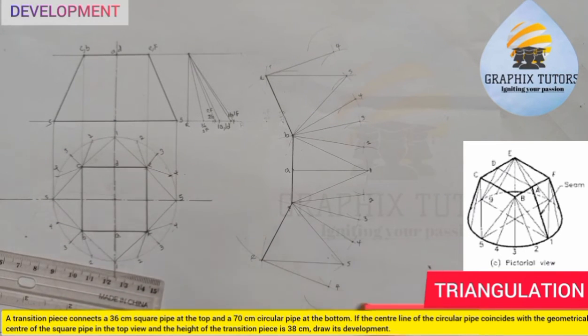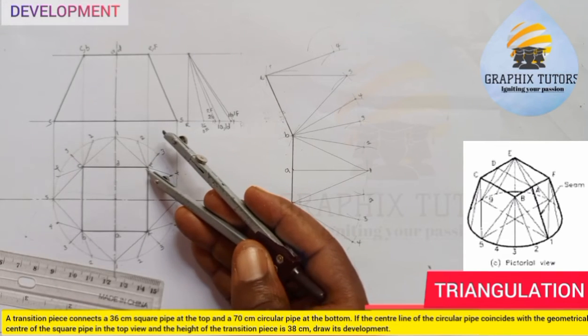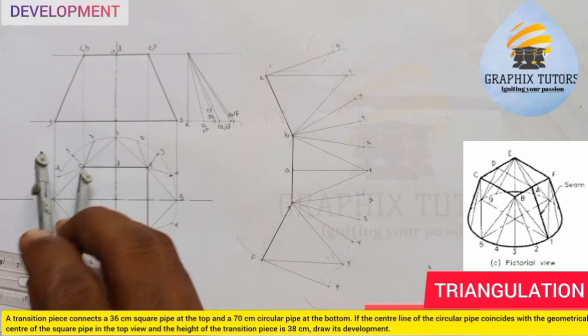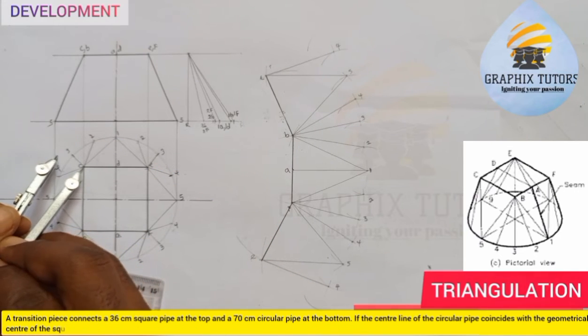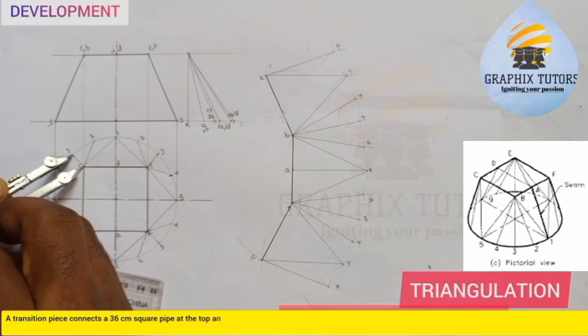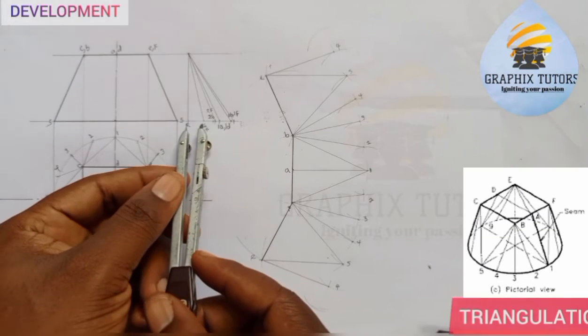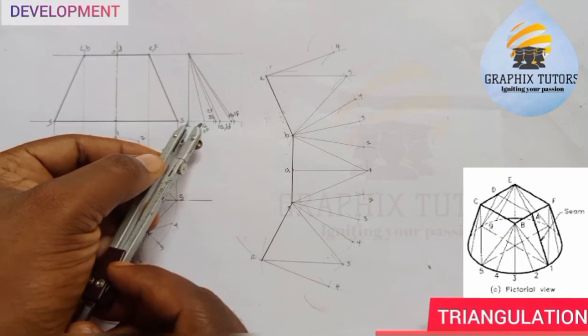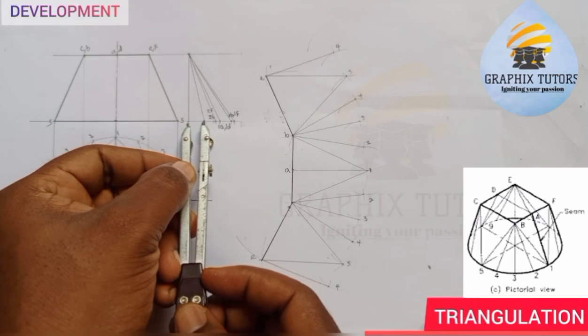So now I need C to 3. Either C to 3 or E to 3, any of them. So C to 3 at this point. When I place it here from the arrow, I do the same thing as 2 at this point here. Can you see that?